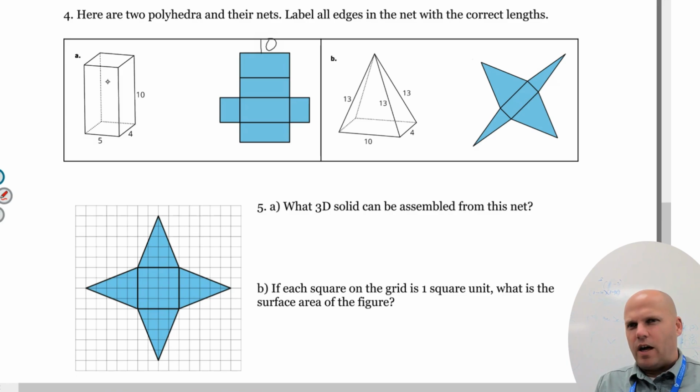This is all 10 when I roll it out. This is a 5. This is a 5. This is why the nets are so tough. These are 4s.